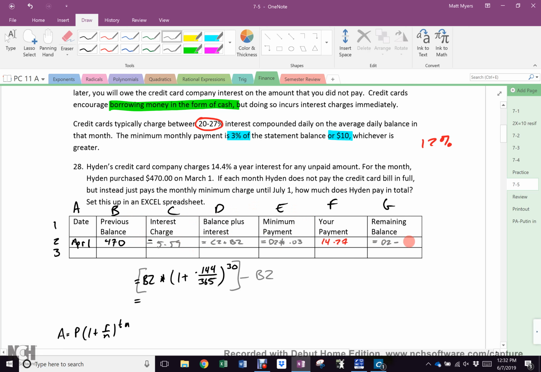D2 minus, where's what I paid? F2. And then this, my next month, becomes what? What's this going to be? G2. Right? And then we would fill down. And we could work it out.